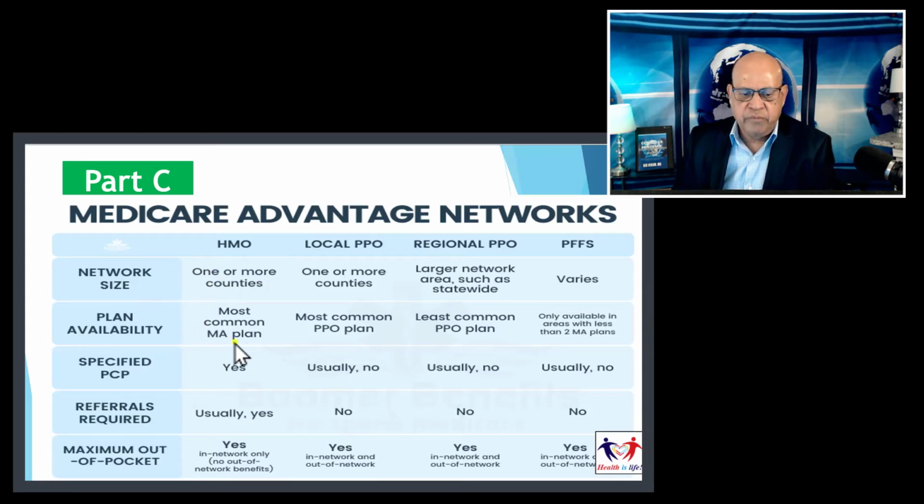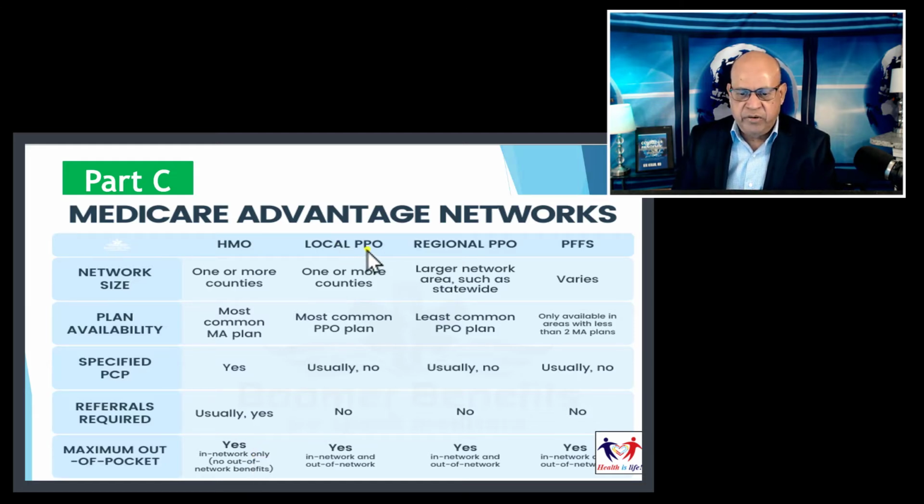It's the most common Medicare Advantage plan, and you have to have a primary care doctor. You need a referral from the primary care doctor to see specialists. You have to go to a specialist in the list. You have to go to the hospitals that are listed in your network. When you go out of network, you may incur extra costs unless you needed emergency services.